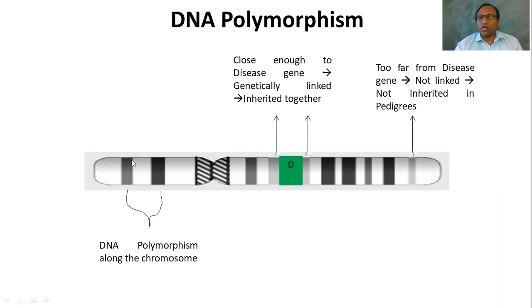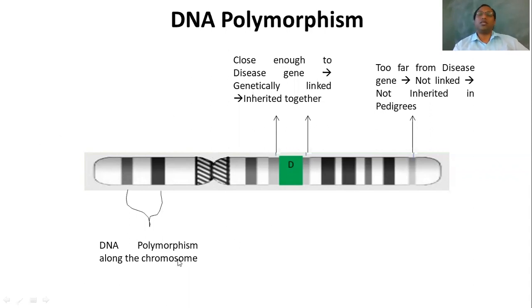If you see the upper part, that is the P part, the DNA polymorphism along with the chromosome will also pass on to the next generation. So when the transfer takes place, during mitotic or meiotic division, they also get transferred along with this particular chromosome.